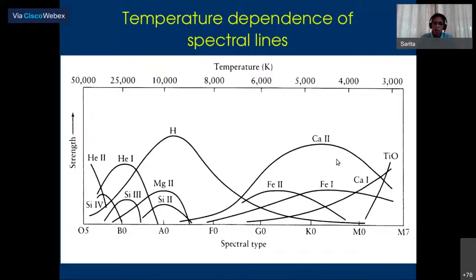So using these strengths of lines, one can actually determine the surface temperature of stars. This is a very accurate way of determining the surface temperatures of stars. This classification of stars, based on spectral lines and organized on the basis of surface temperature, is known as the Harvard Spectral Classification.